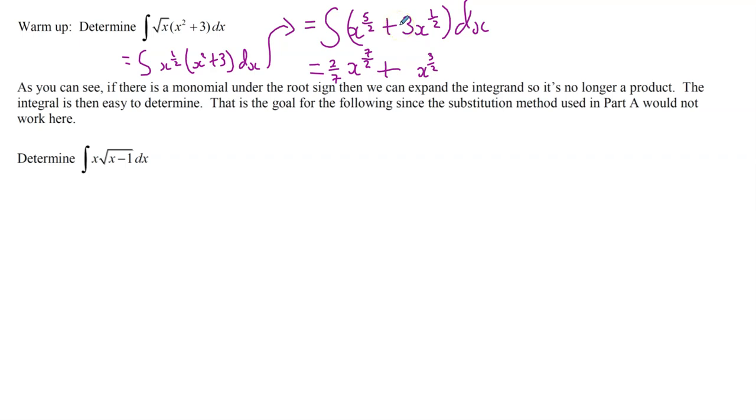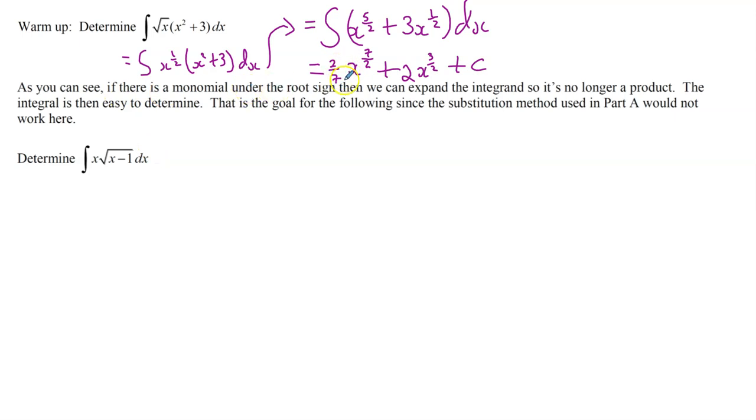So 3 halves times something wants to become 3. So that's going to be a 2. Okay, so 3 halves times 2 will give you 3x to the 1 half. So 2x to the 3 halves plus c. Okay, so straightforward enough.